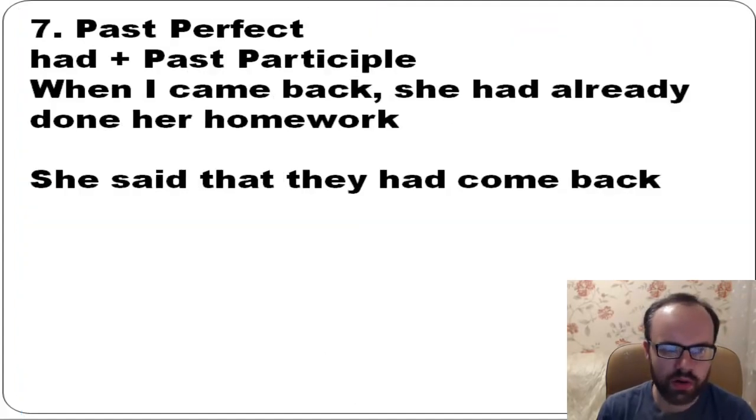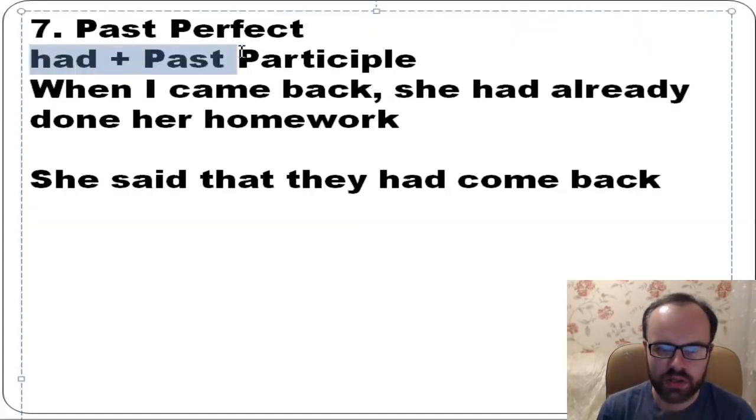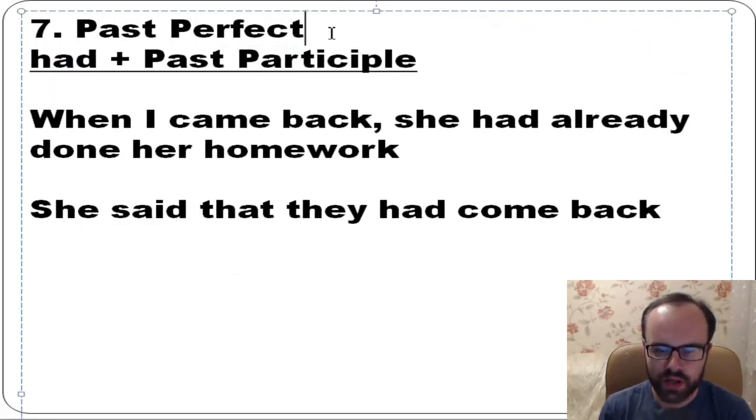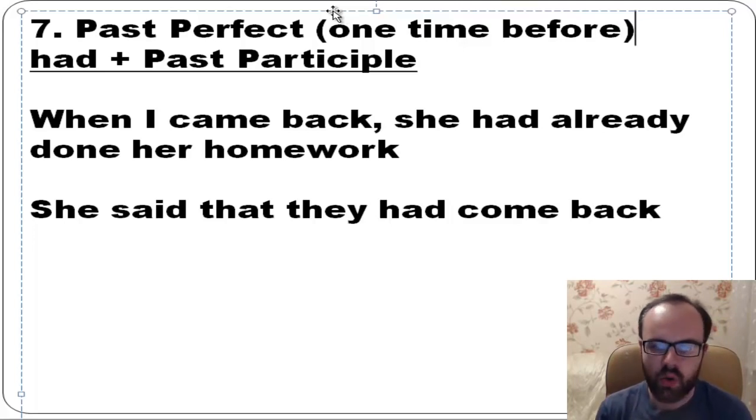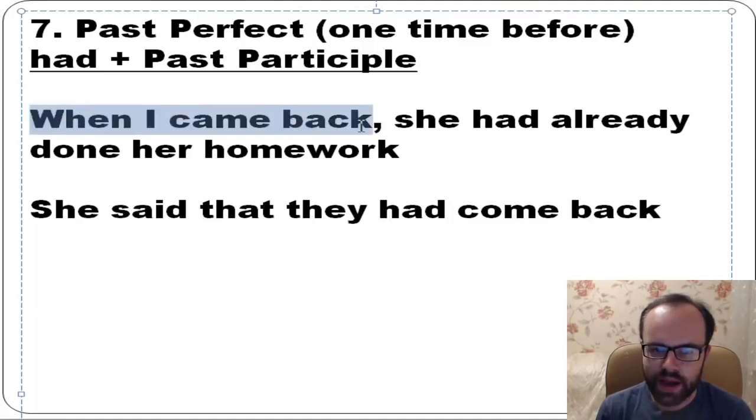Well, so what about past perfect? So it's had plus past participle, the third form. It's one time before. Look, so when I came back, she had already done her homework. Look, when I came back, but she did her homework earlier.